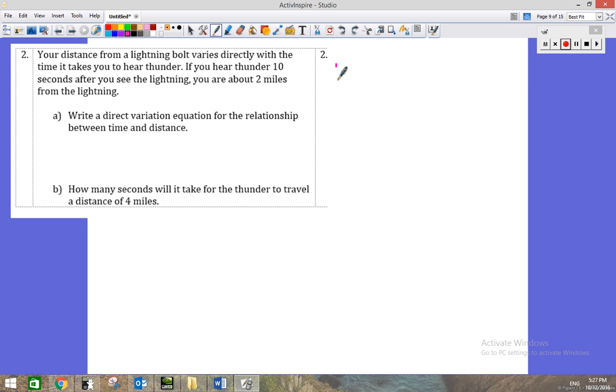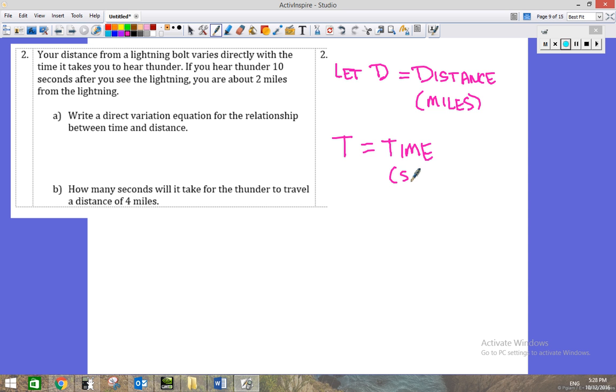So let's define D to be the distance that we are from our lightning strike when it hits the ground, and that distance is measured in miles. And let's let T be the number of seconds that it takes for us to hear the thunder. The time in seconds.